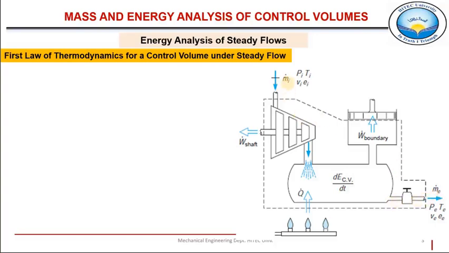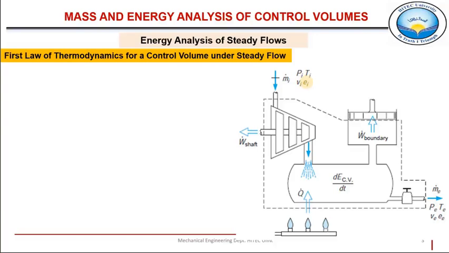So when mass is entering into a control volume, it would be entering with a certain pressure, temperature and velocity, and based on this it has certain energy when it is entering, because the energy of the mass is not zero. Whatever fluid, in the form of liquid or gas, is entering into this control volume, it already carries some energy with it, which is represented here with small e.